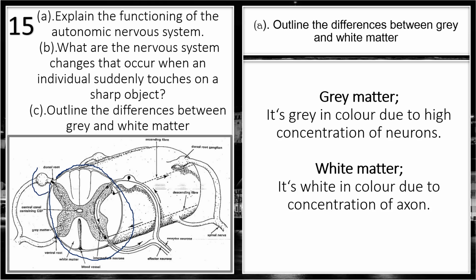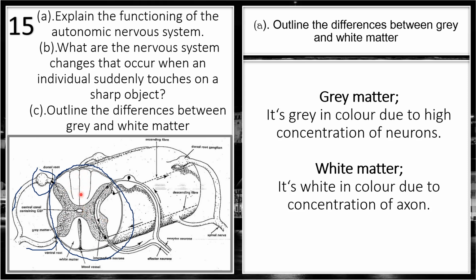This is the dorsal ganglion, dorsal root. This is the ventral root. And in the dorsal root, it's where our sensory neuron passes. When it comes here we have the gray matter, this dark part where we have the gray matter.